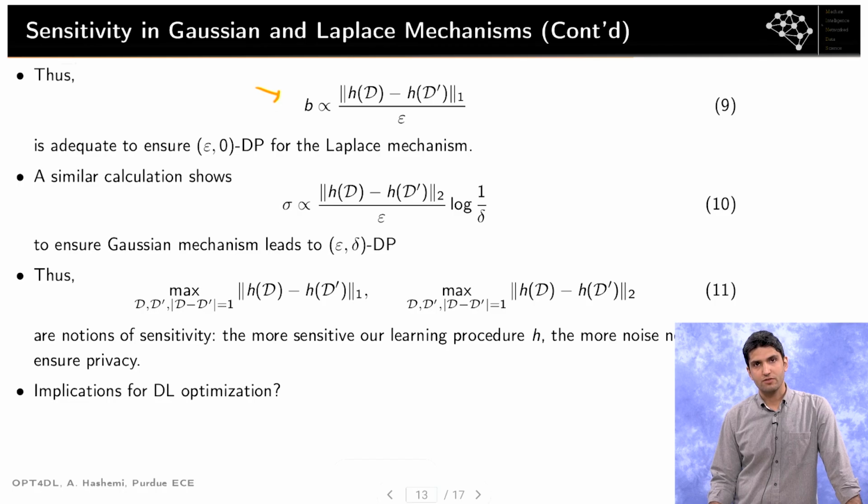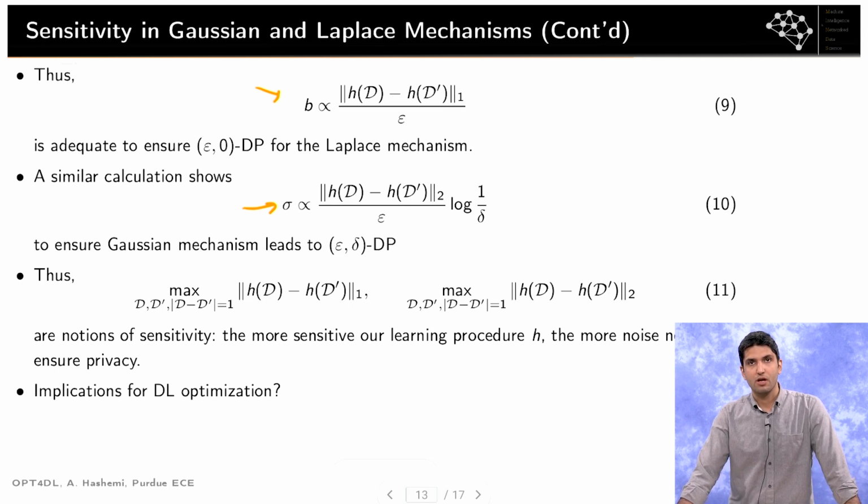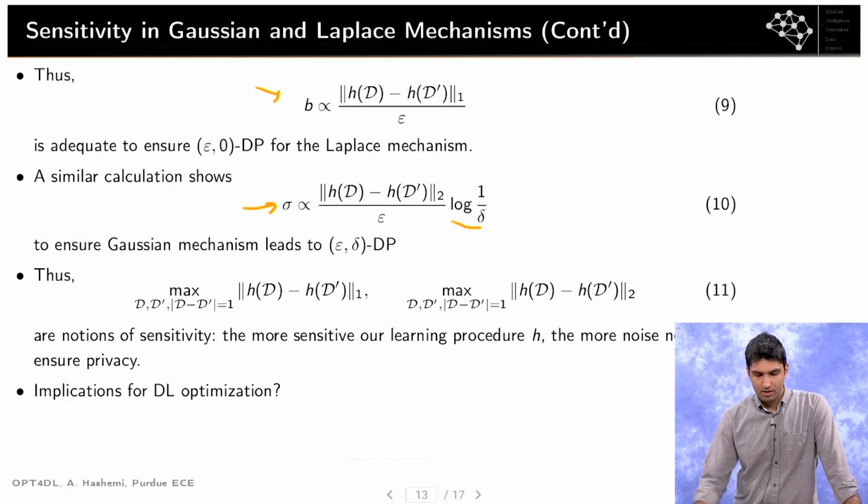A similar calculation, which is slightly more involved, shows that for the Gaussian mechanism, you have to set the standard deviation to be proportional to again some notion of sensitivity, but here captured by the L2 norm as opposed to the L1 norm, times the square root of log of 1 over delta, divided by epsilon. This basically means that with the Gaussian mechanism, we can get epsilon-delta DP, we cannot get pure DP, but with the Laplace mechanism, we can actually get pure differential privacy.